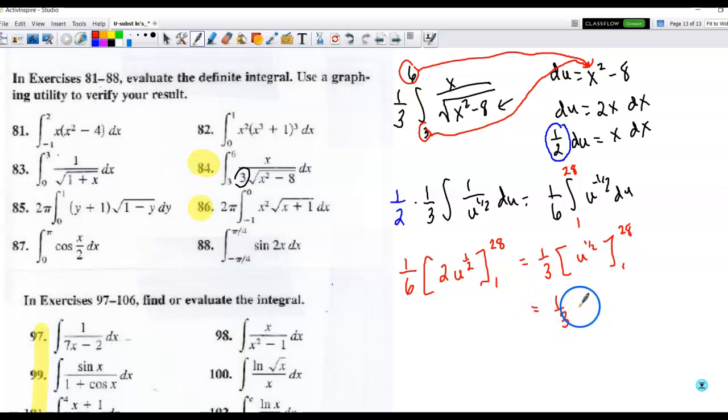Substitute, and that will give me the square root of 28, upper bound, minus the square root of 1, which is just 1. And when you use your calculator to check this, you're going to have to change this number right here into a decimal value to compare it with your calculator.